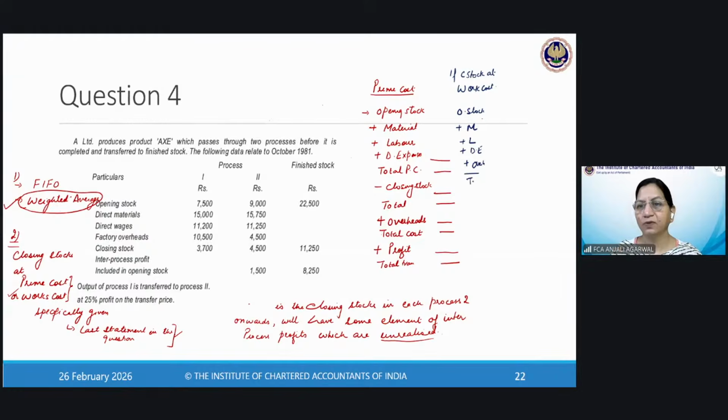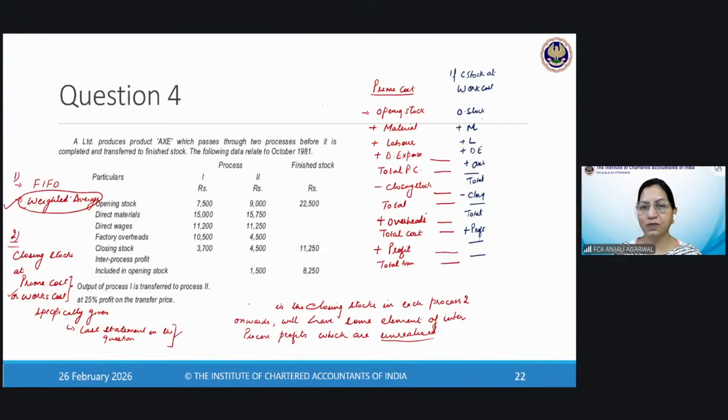This would give you the total. Then you will subtract closing stocks, giving the total cost transferred to the next process, add profit, and you get the total value of goods transferred to the next process, including profit.